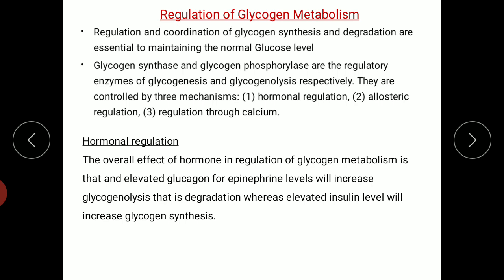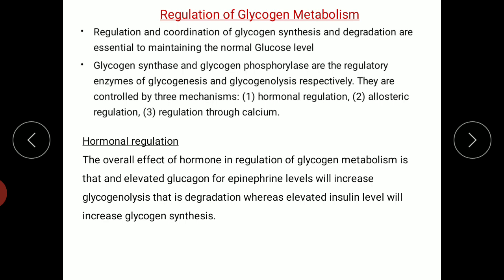When we look at the function of insulin, it tends to reduce the blood glucose level. So to reduce blood glucose level, the extra glucose is converted into glycogen and stored. For this conversion, we need an enzyme called glycogen synthase. So insulin will be promoting the action of glycogen synthase.